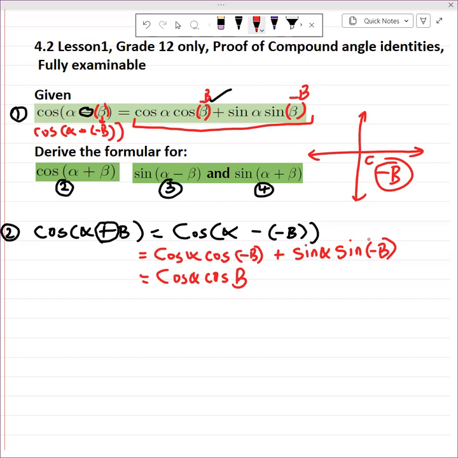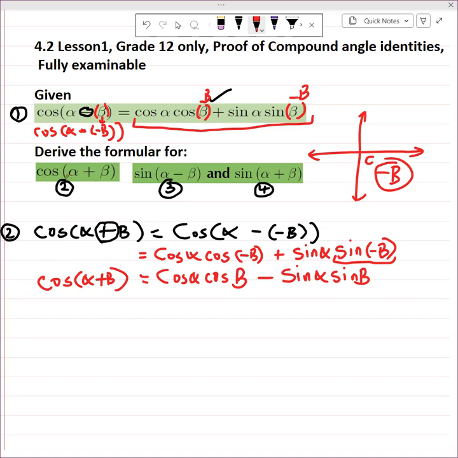But here I'm having sine of negative beta, and we're in the fourth quadrant, so sine is negative in the fourth quadrant. This positive here will be affected by the negative sign from this function. So it's going to be negative sine alpha sine beta. Remember, ladies and gents, this is cos alpha plus beta. Then I have proved this one.